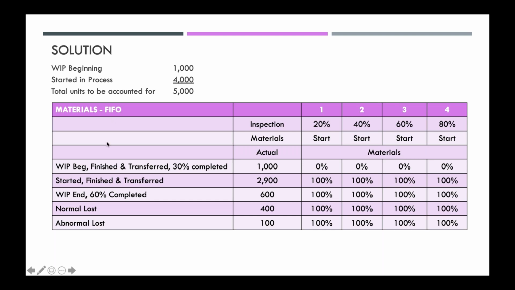So we will account for the beginning work in process. 1,000 and then the 4,000 units. 2,900 started, finished, and transferred. 600 yung still in process. 400 is normal. 100 is abnormal loss. Okay, the inspection point is at 20% production, and materials is added at the start of the process.